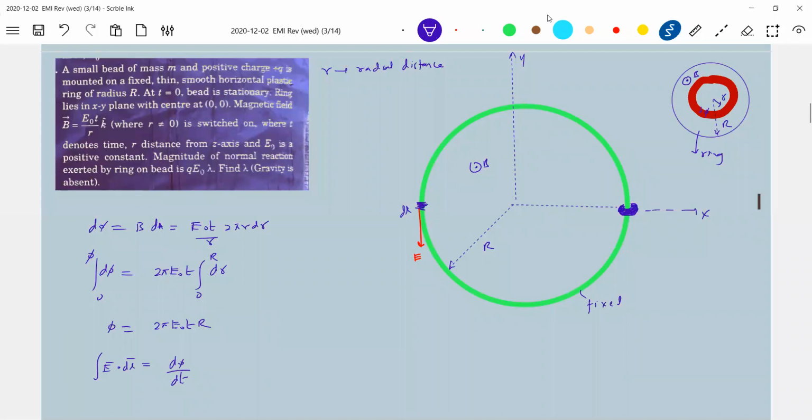So E into 2 pi R equals d phi by dt, and we get the expression for E. So the induced electric field on the ring is equal to B naught.